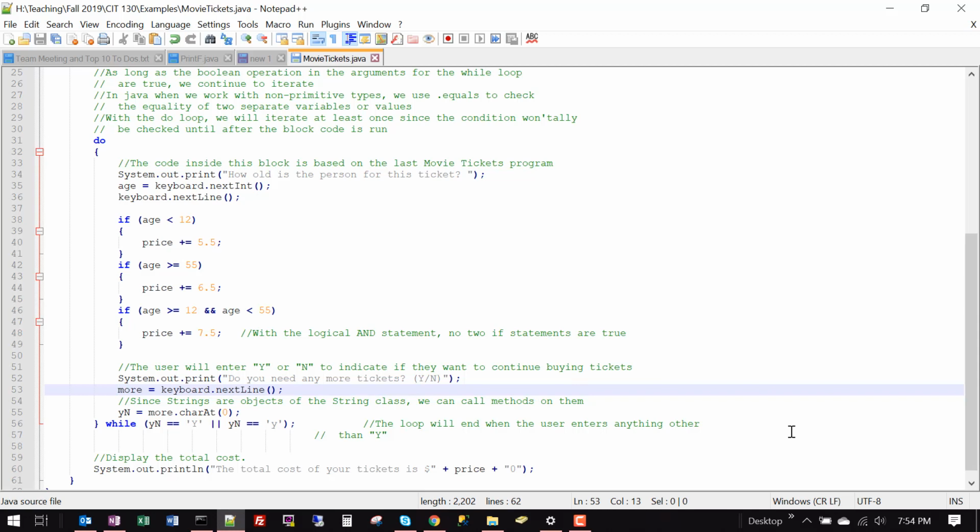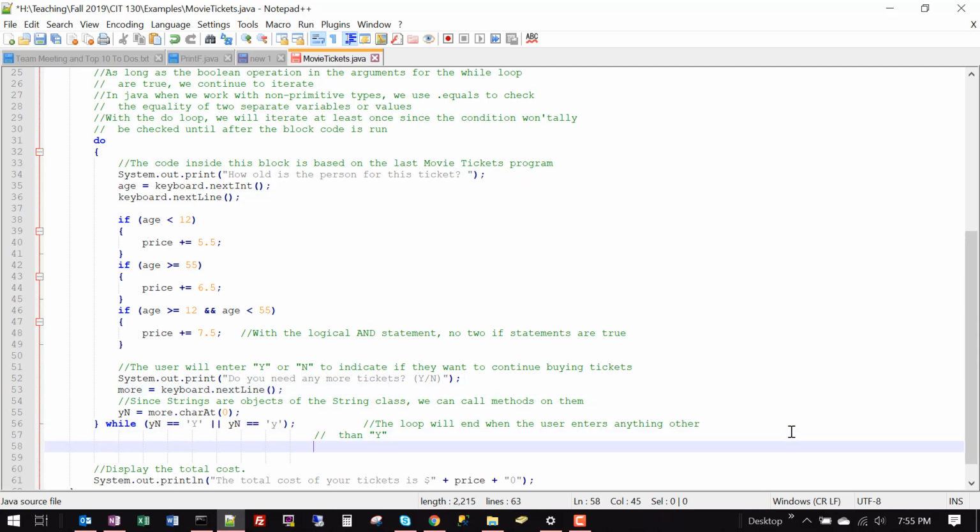When we were doing this as a string comparison, we did while more dot equals y. So there's a couple things going on here. The first is you may have noticed this is sort of new.